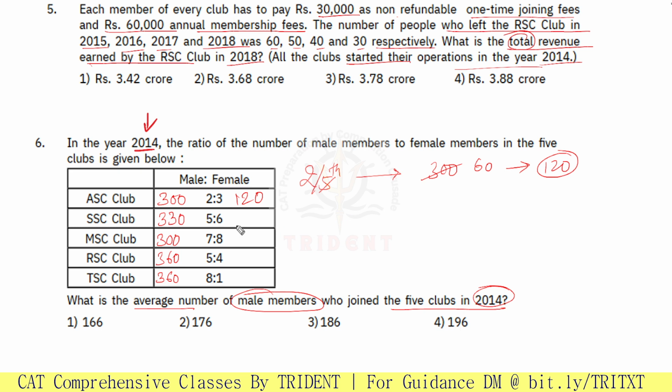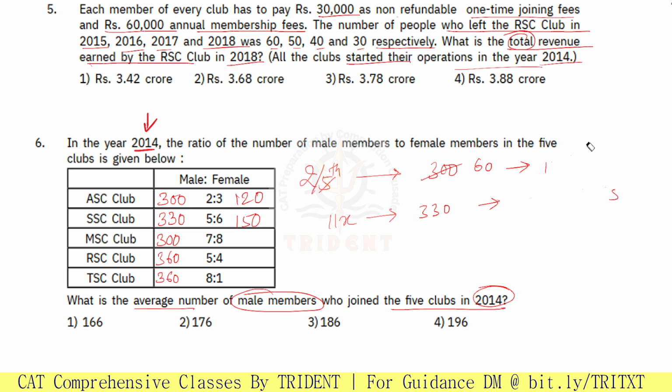You can do one more method, which is 11x corresponds to 330. That means 5x will be how much? This is going to be 11 threes, so this is 30. So 150. You can do it either way, like 5 by 11 also, whichever method suits you. I have no problem.